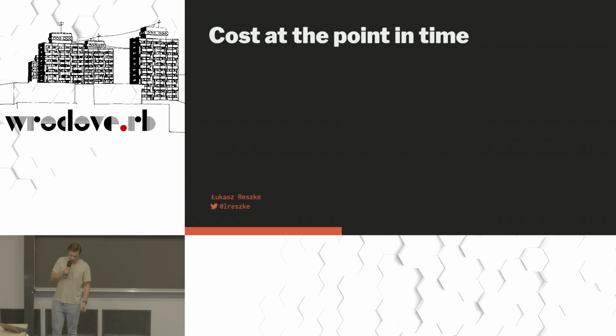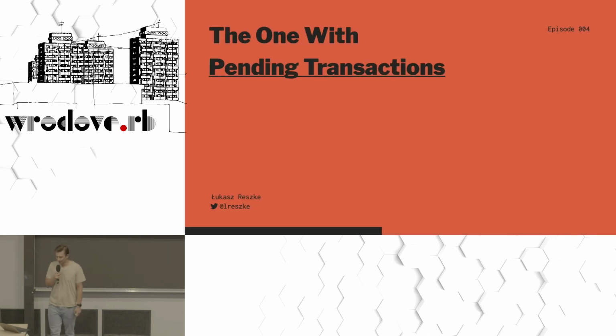So bear with me. This is not the only aggregate we'll talk about. But first, I want to tell you about the story with pending transactions. Yet another issue that I had to solve, and where events helped me. Having events in a system that is asynchronous, but also depends on external provider data, is very helpful. But first, let me explain what the pending transactions are.